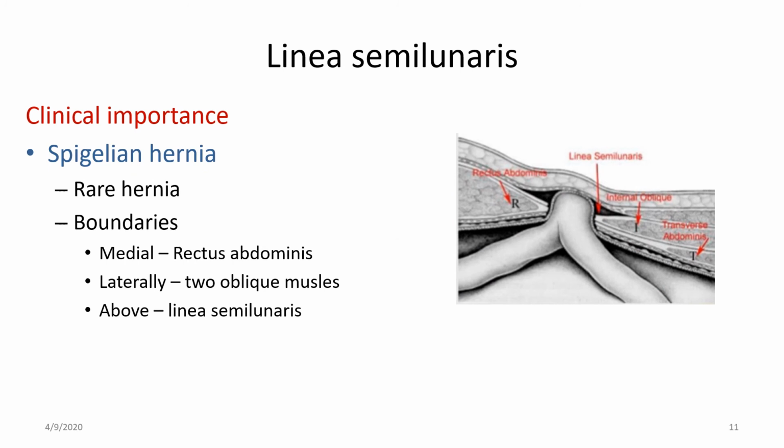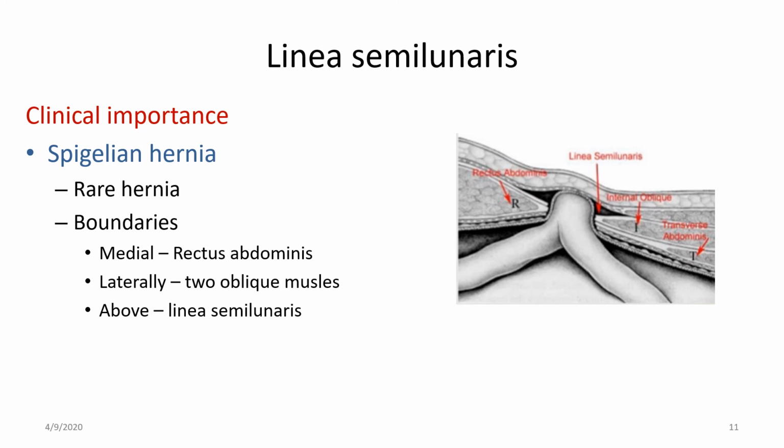What is the clinical importance of this linea semilunaris? It is in relation with a hernia called the Spigelian hernia, which is a rare hernia. The hernia in relation with the linea semilunaris is called the Spigelian hernia, and all of you know hernia is the protrusion of abdominal contents.